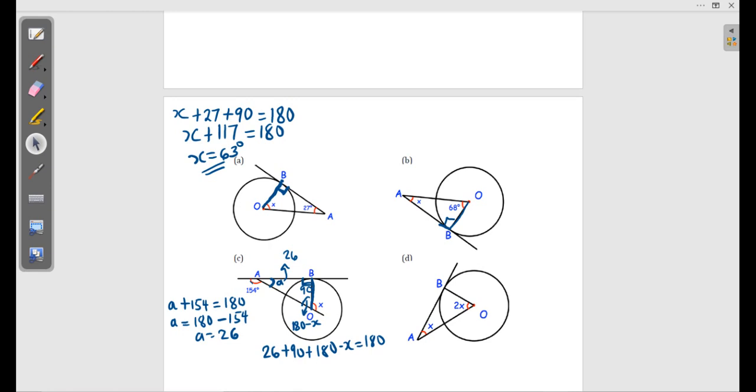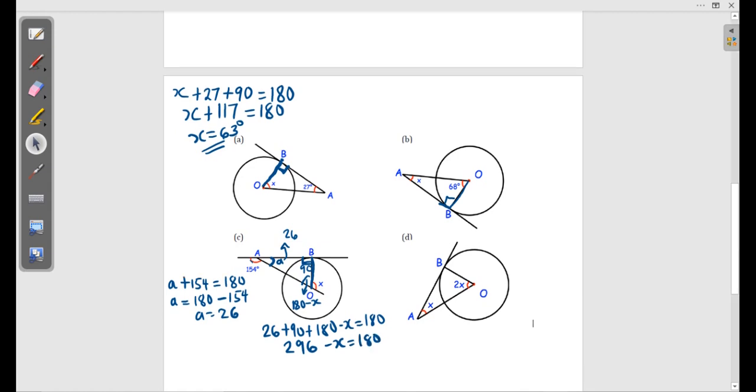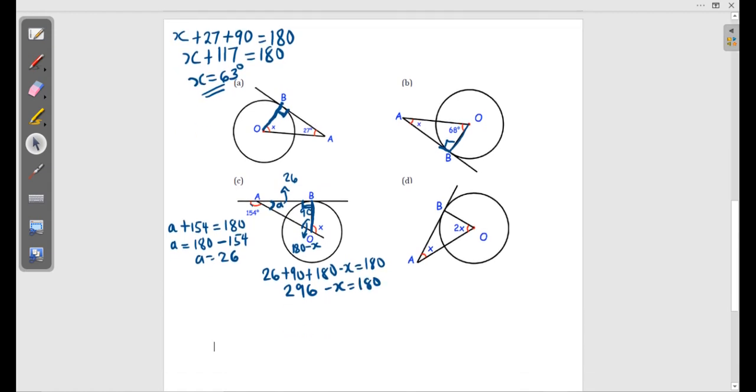And this will give you 26 plus 90 is 116, plus 180 will give us 296 minus x is equal to 180. So the value of x will be 296 minus 180 equals x, and that makes my x to be 116.